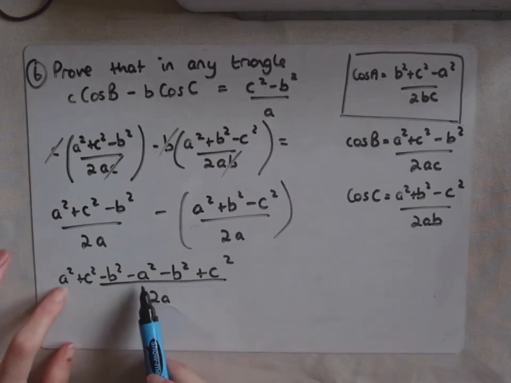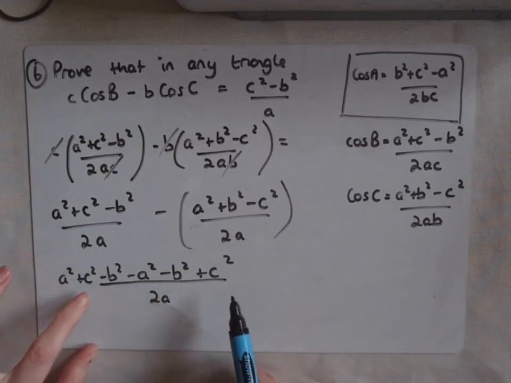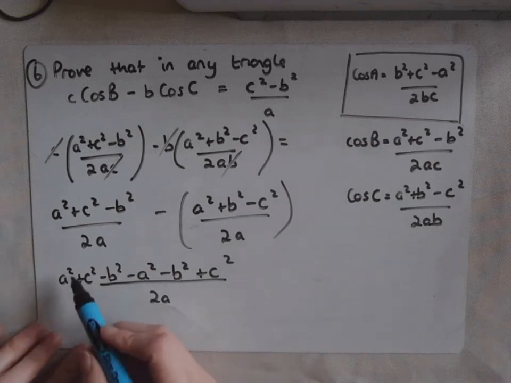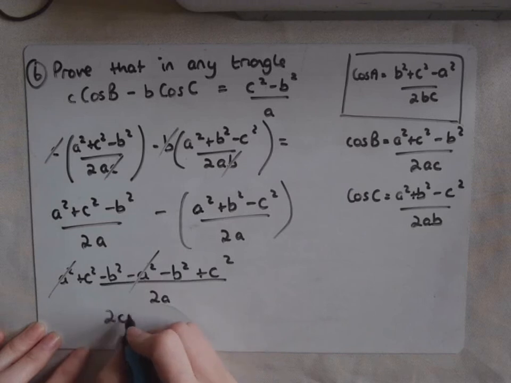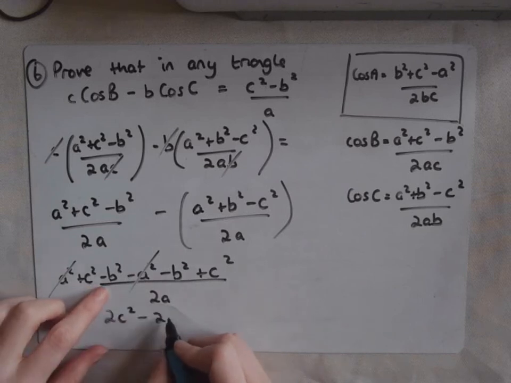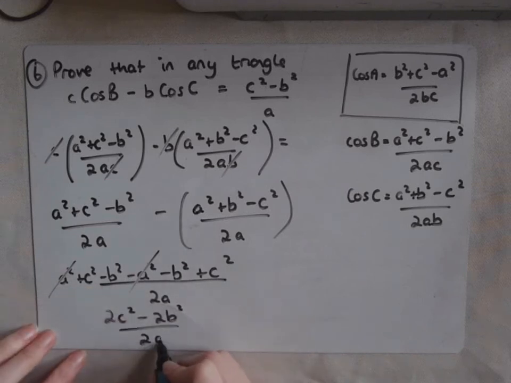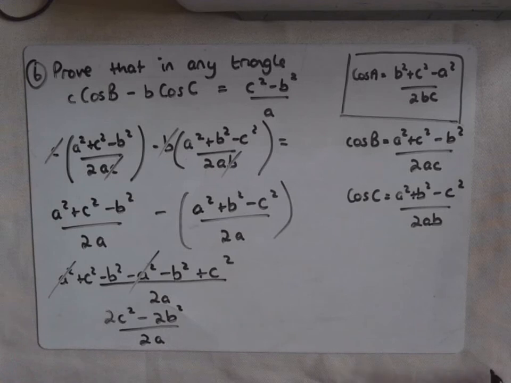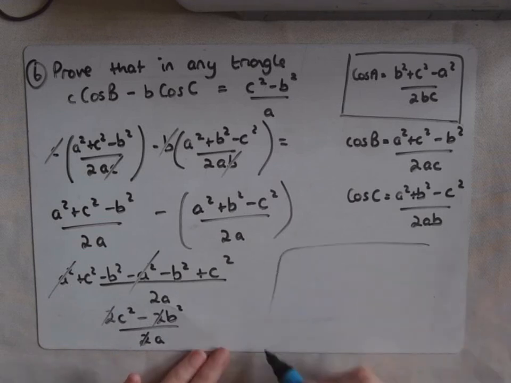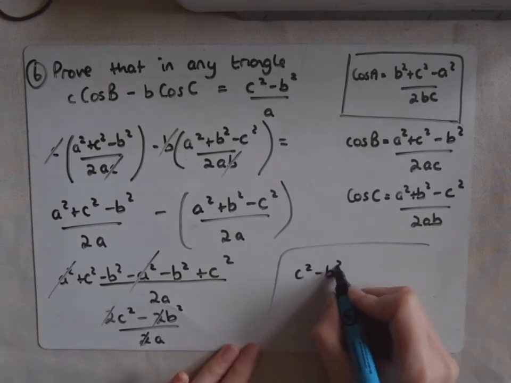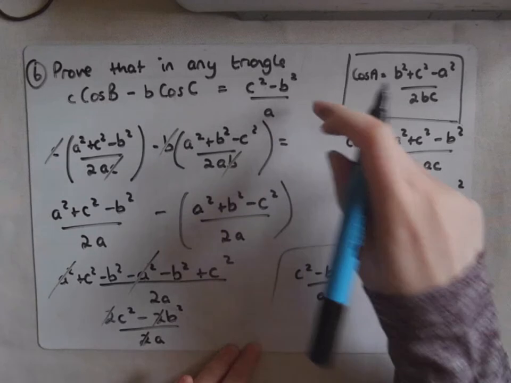The a squareds cancel, so that and that are gone. c squared and c squared is 2c squared minus 2b squared over 2a. Now you can see that 2 is common on the top, so pull the 2 out, or just cancel all your 2's. Gone, gone, gone. So what I'm left with is c squared minus b squared over a, which is equal to what they wanted.